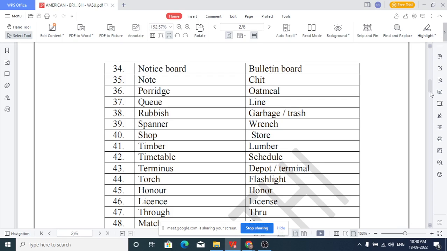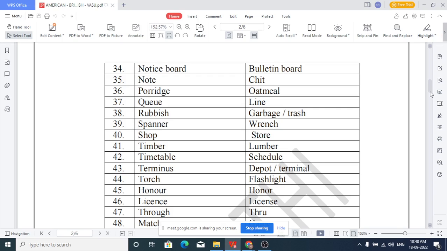Honour, honor. It is the same word, but only the spelling is different. HONOUR, the U is silent in the English one. See, these Americans always simplify many things. They don't want to pronounce a long word, so they always shorten the word. One example is honor.